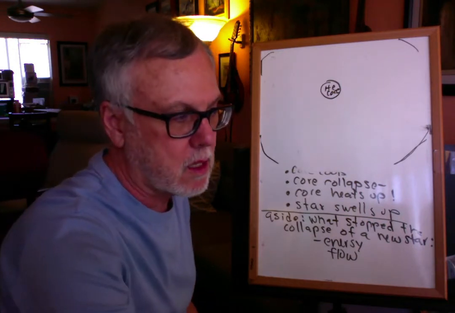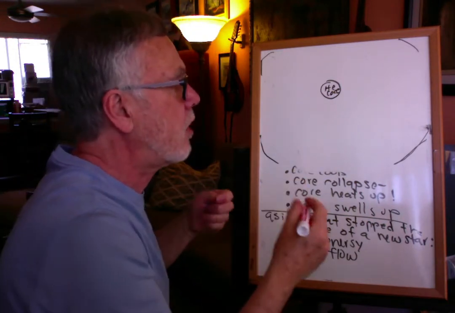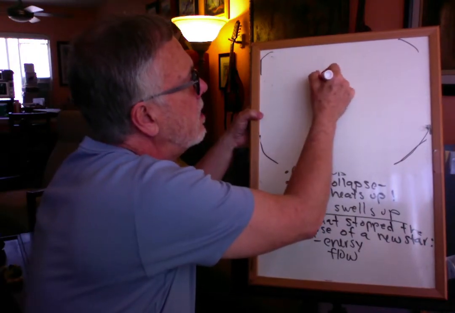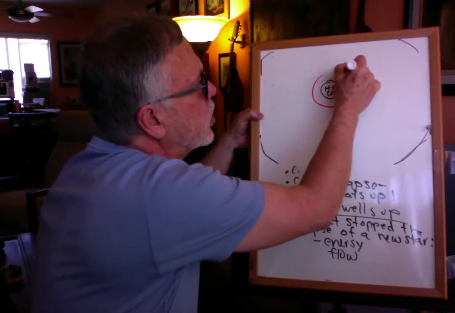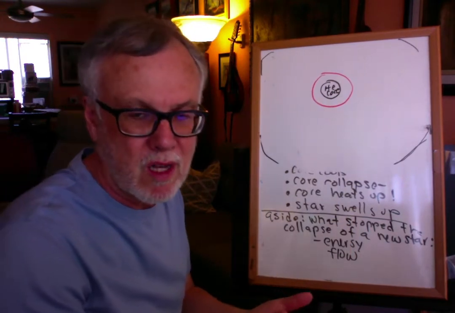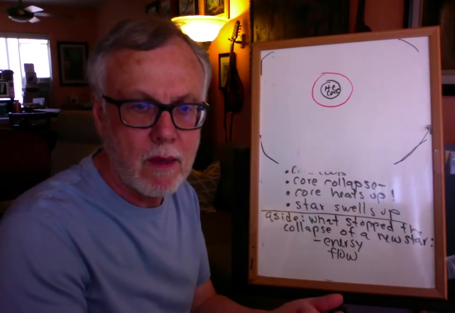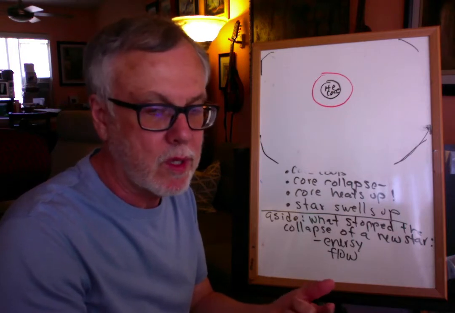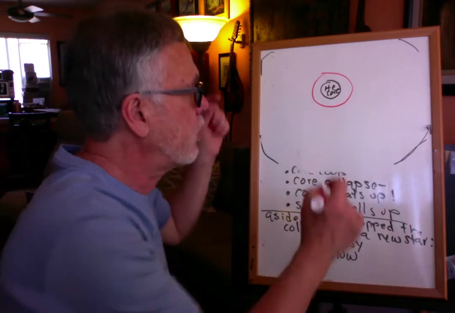And as it collapses down, it gets hotter and hotter and hotter, and because it gets hotter, it heats up a spherical shell around that wasn't a part of the old core, but it gets above 10 million Kelvin. 10 million Kelvin was the temperature necessary for the proton-proton chain.